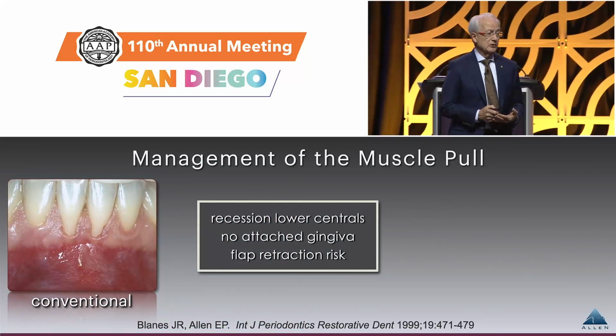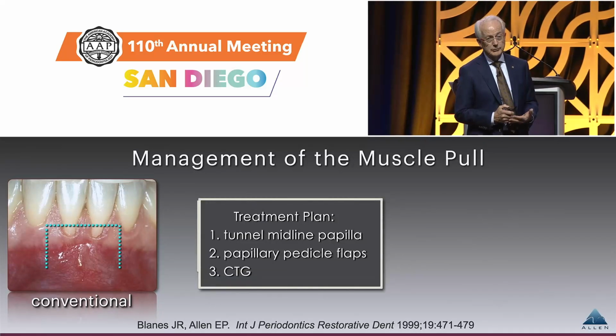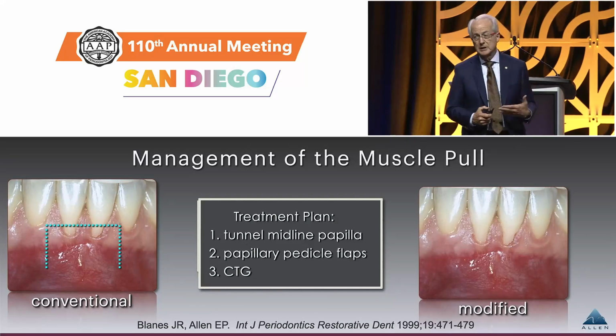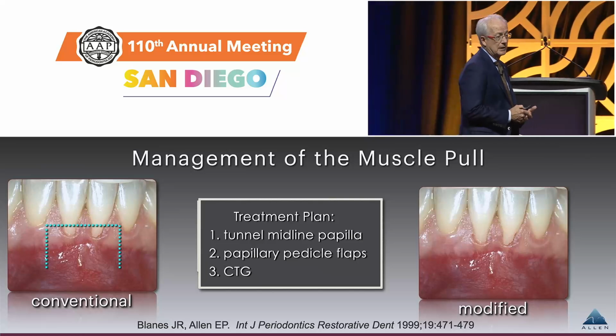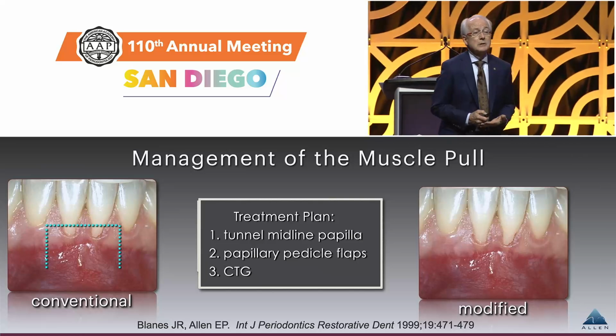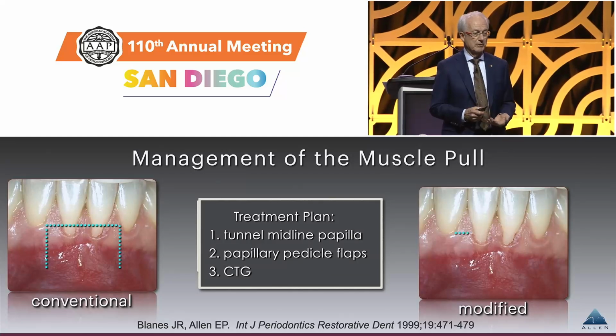So if you look at this, this is conventional treatment. You make a horizontal incision through the papillae, drop verticals, and dissect that flap back. If you use a connective tissue graft, you suture it in place, then cover it with that flap, and that causes problems. So I decided that it would be an idea to tunnel that midline papilla.